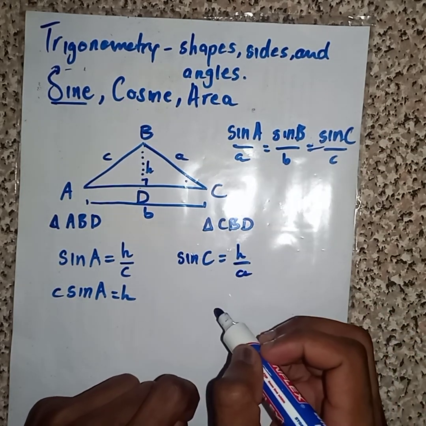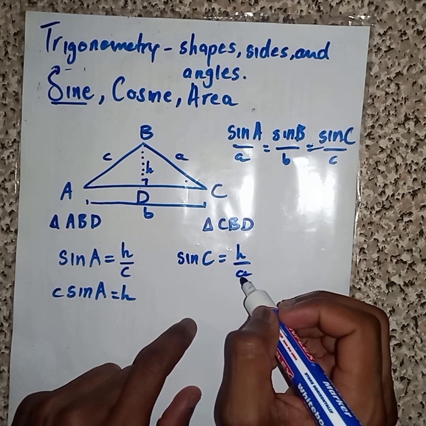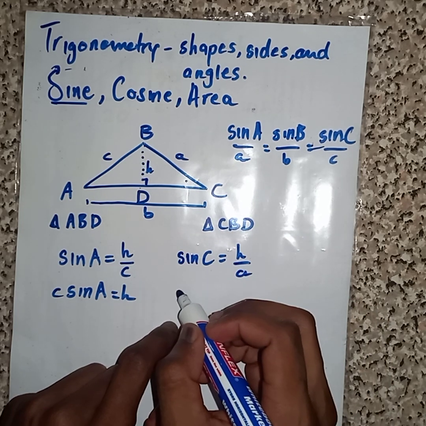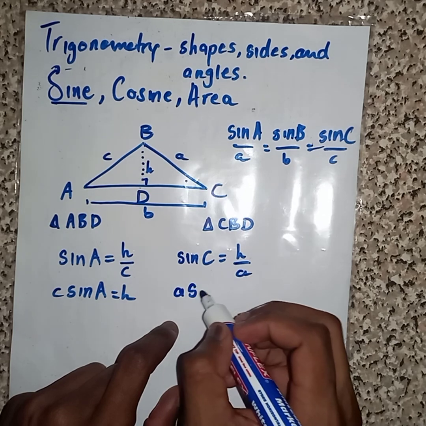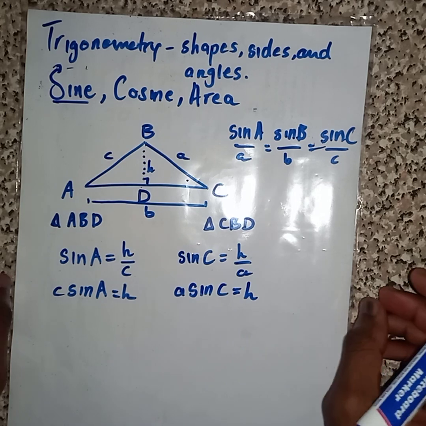From here, let us solve for h. You cross multiply, a multiplied by sine of C. You are going to get a sine C, which is equal to h.